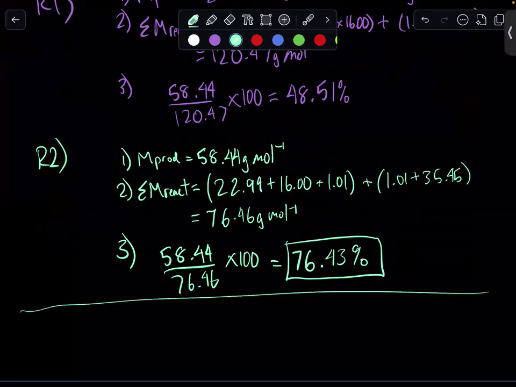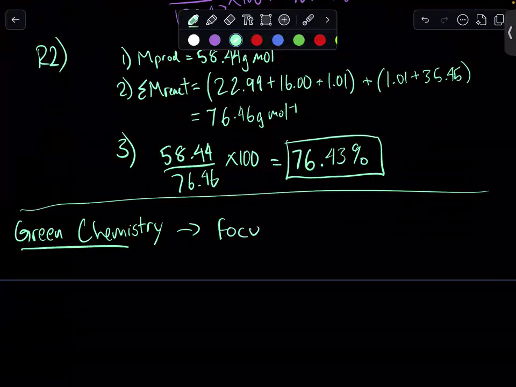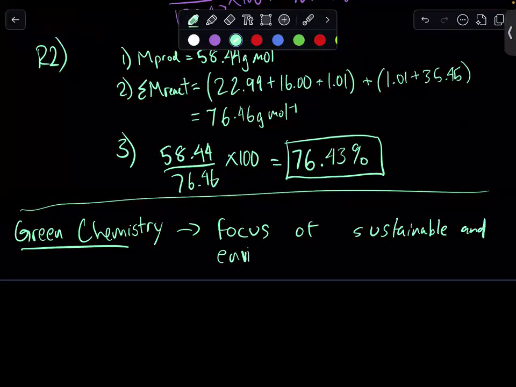So the thing I want to end this off with is a discussion on green chemistry. Green chemistry is literally just the focus of sustainable and environmentally friendly chemical processes.